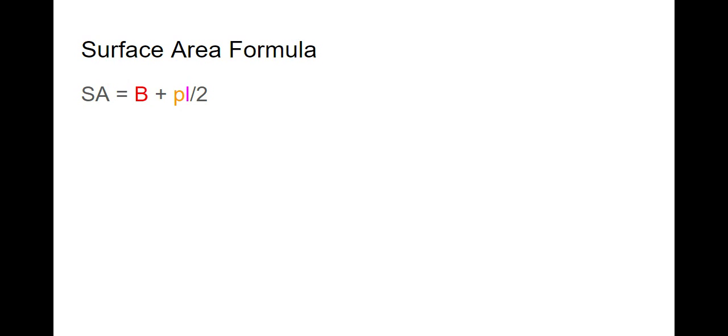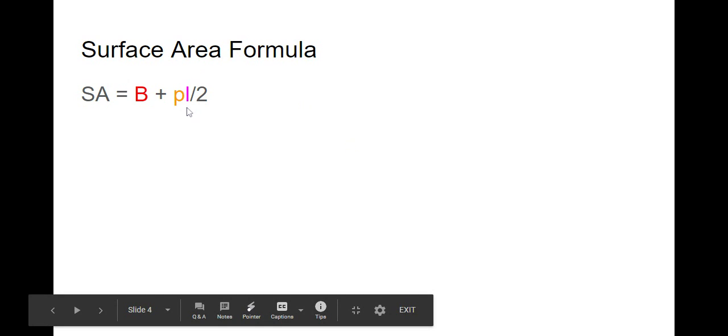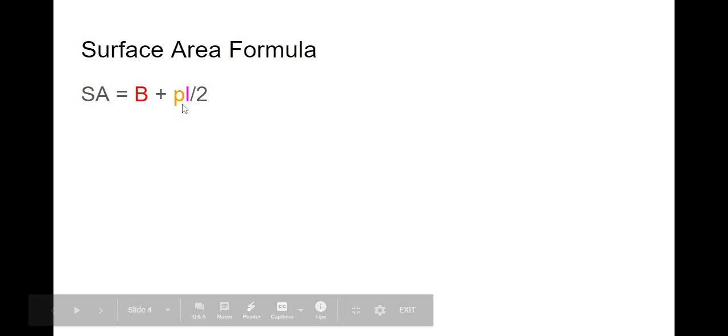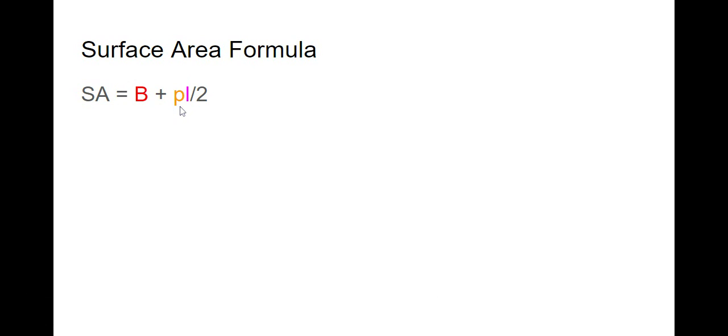Okay, so now we're taking the formula we just had, it was NBH, and we can actually make it simpler and just put PL. Okay, and the reason we can do PL is P stands for perimeter. And so that's just the side length, right, or your base, times the number of times you have it. So if you have a pentagon, you have to have 5 of them.